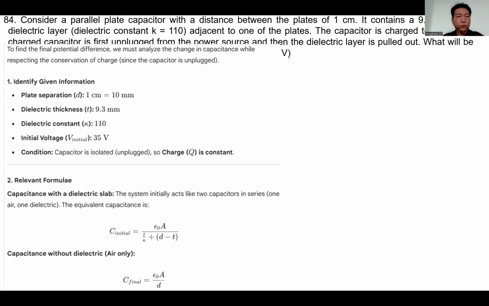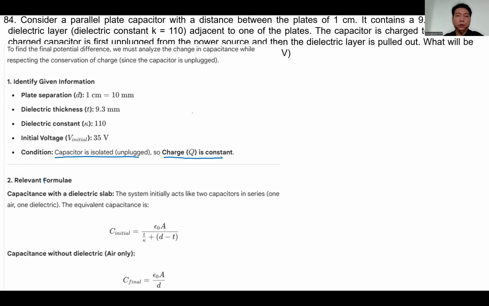How is it going to change? Okay, so plate separation, dielectric constant, thickness, and initial voltage are given. And then the condition is important. You need to realize what it means that it's disconnected. Okay, that means the capacitor is isolated, unplugged, so that the charge is constant.